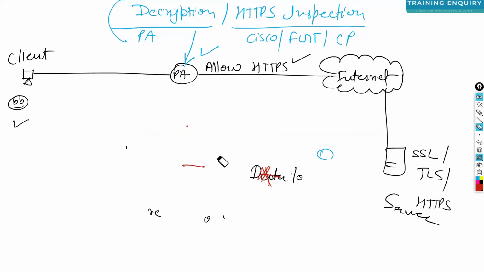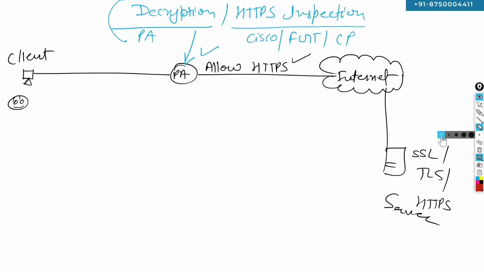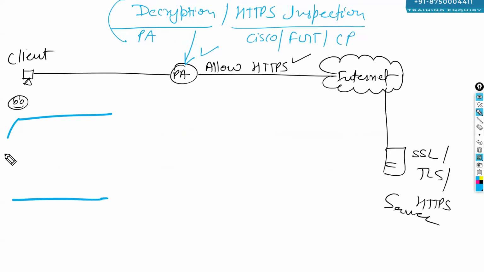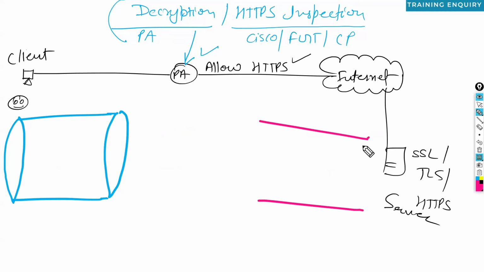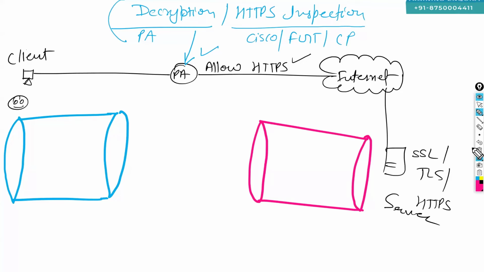But how will it actually work? When we enable decryption, the firewall will not let the client directly establish a session with the public server. So there will be two sessions. One session will be between the client and Palo Alto, and the second session will be between Palo Alto and the public server. In this way, the firewall works as a man in the middle for your SSL session.